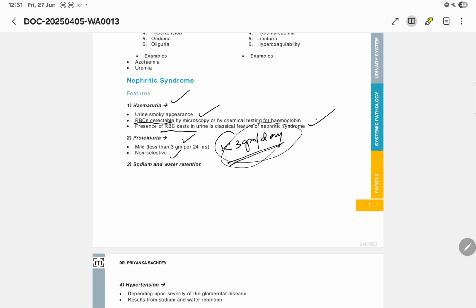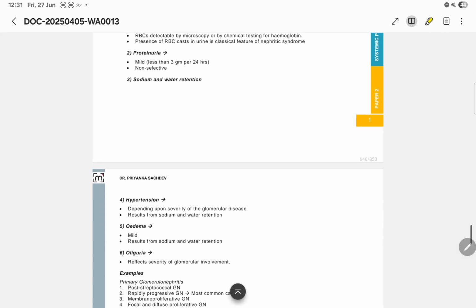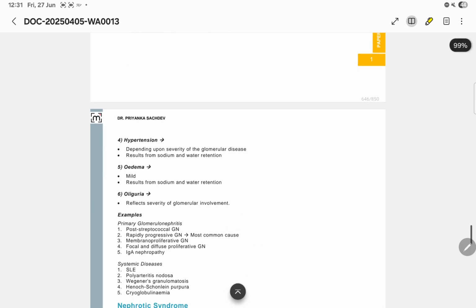Then sodium and water retention, it is a classical symptom. Hypertension, depending on the severity of the glomerular disease, results in sodium and water retention. As we studied in the previous video, the function of the glomerulus is filtration. Since there is a glomerular disease, obviously there will be retention of sodium and water.